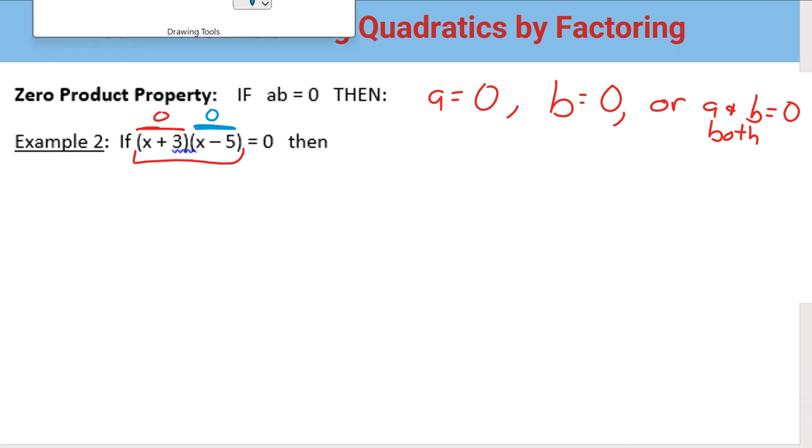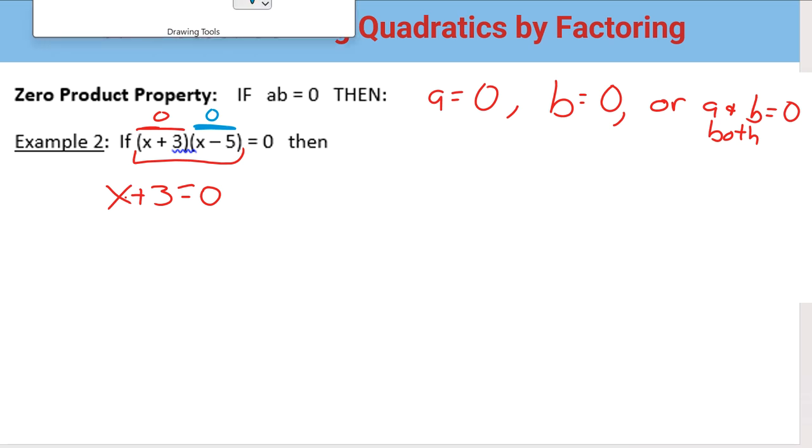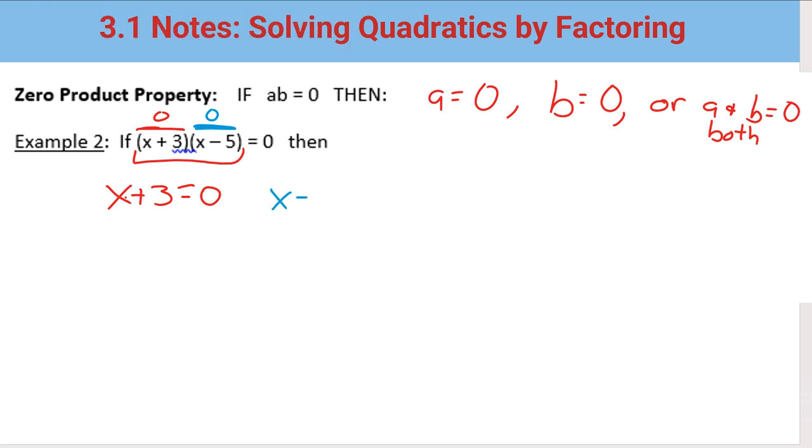So to solve that, I am going to separate these out into 2 problems, right? I know that x plus 3 has to equal 0, or x minus 5 has to equal 0. And then I'm just going to solve these 2 small equations.